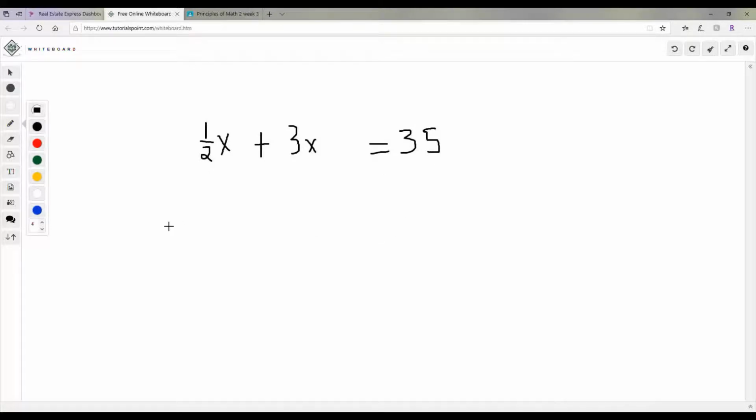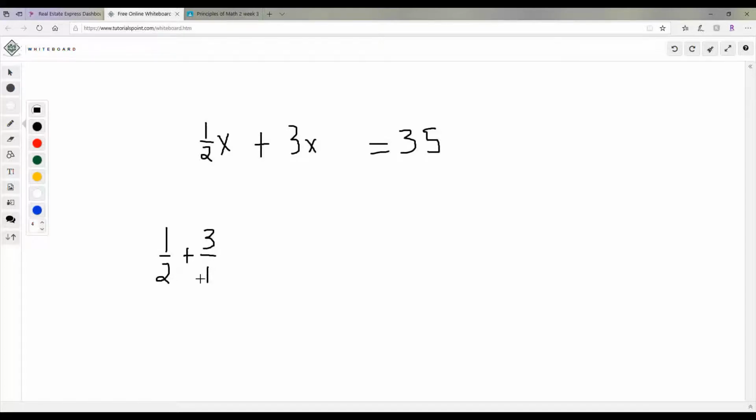Okay, so now to do the problem, obviously, we want to get X by itself. So what we need to do is add a half and 3. Plus, and then this is going to be 3 over 1.